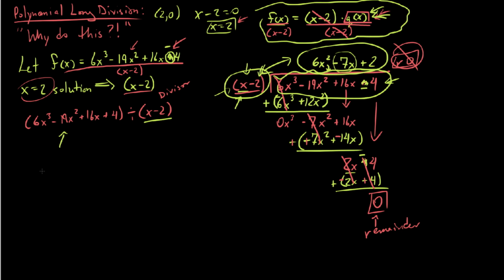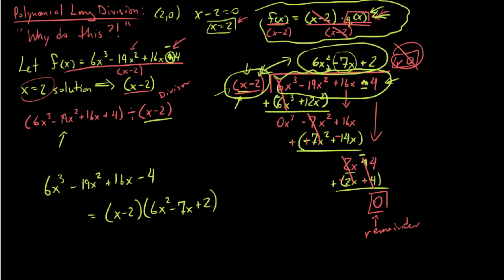That is, here we go, this is the big thing: 6x cubed minus 19x squared plus 16x minus 4 is actually equal to x minus 2, which we just divided out, times what we just found, that leftover, 6x squared minus 7x plus 2.